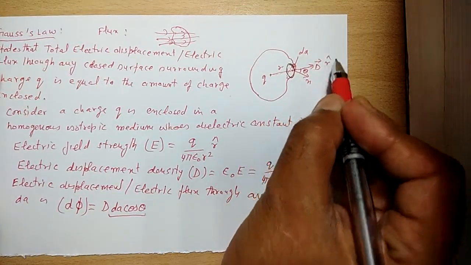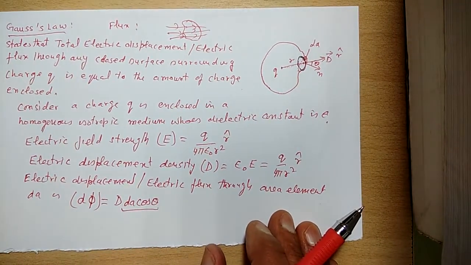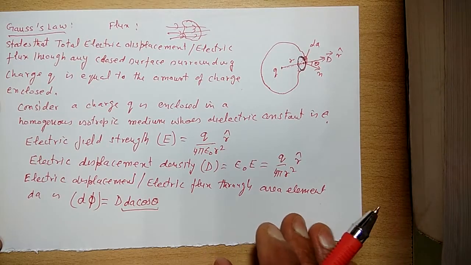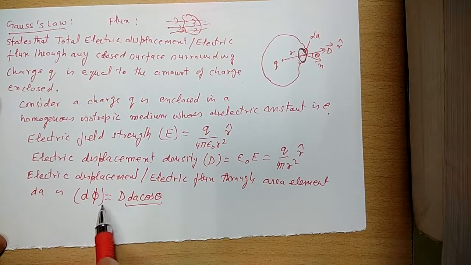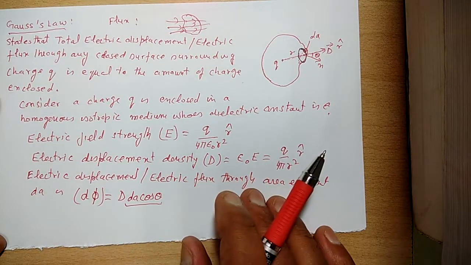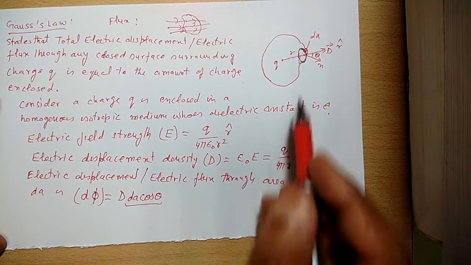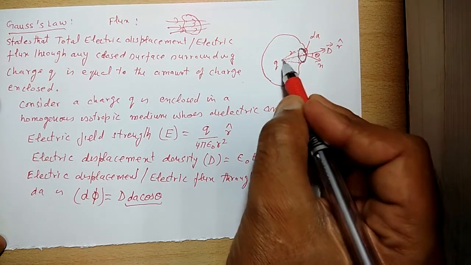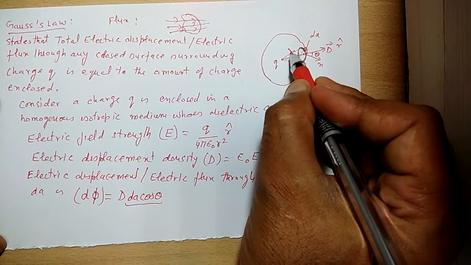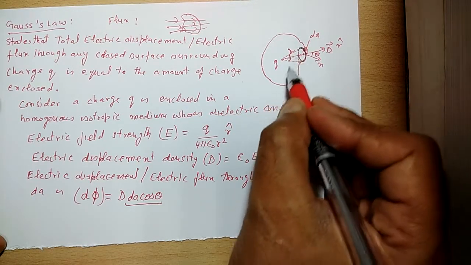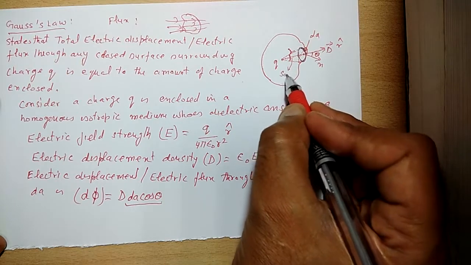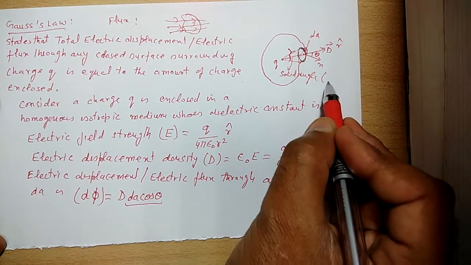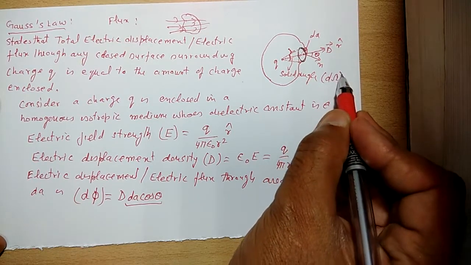Here we can represent the direction. This is the angle which we call the solid angle here, and we denote it with the symbol d omega.